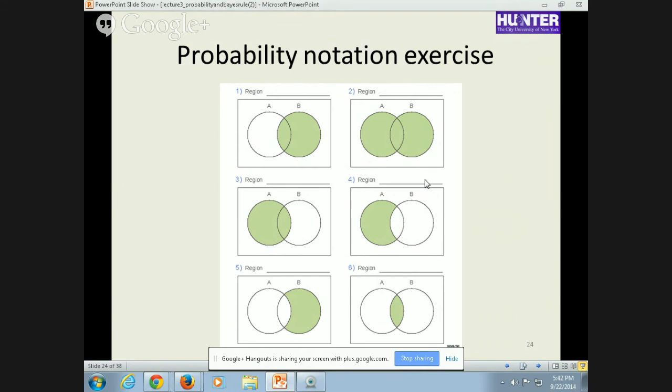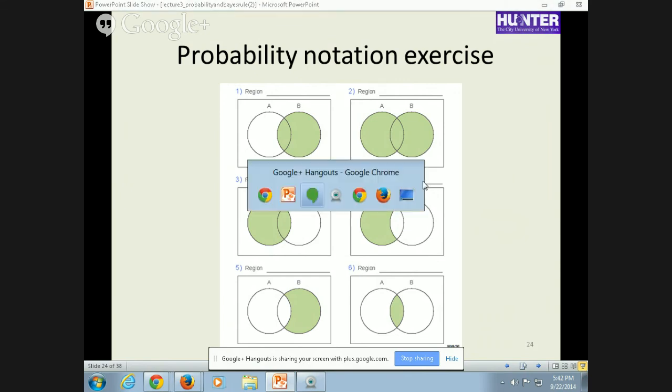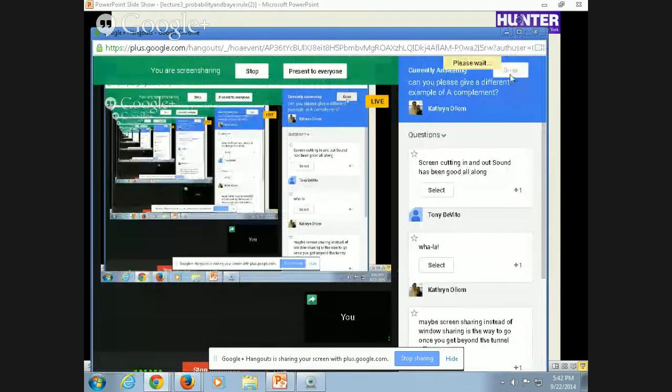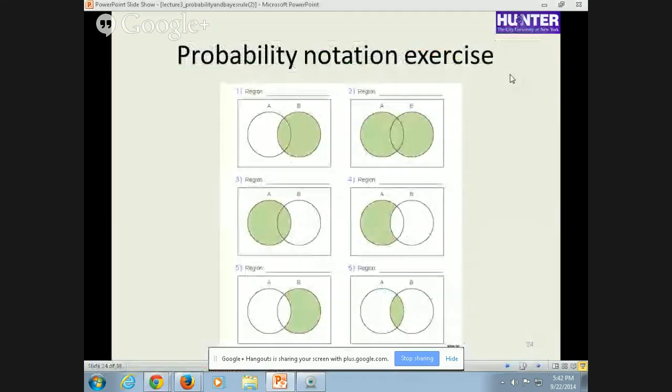Yes, question? For number 4, could I just do the probability of A intersect with B complement instead of minus? Yep, that works.